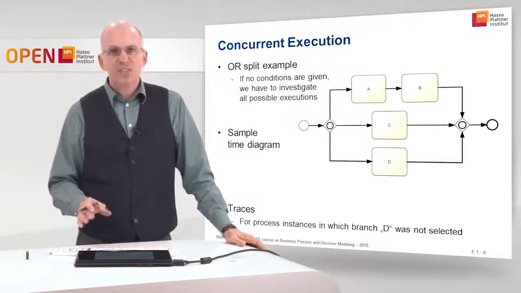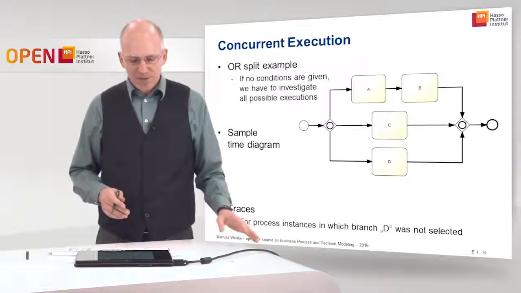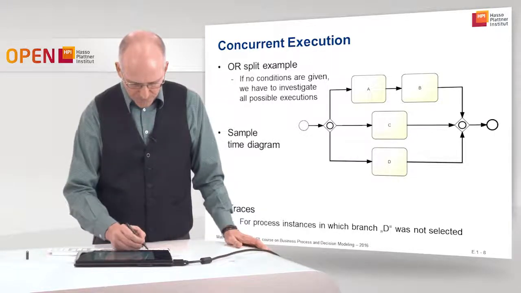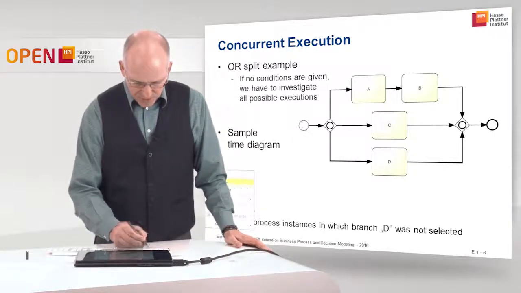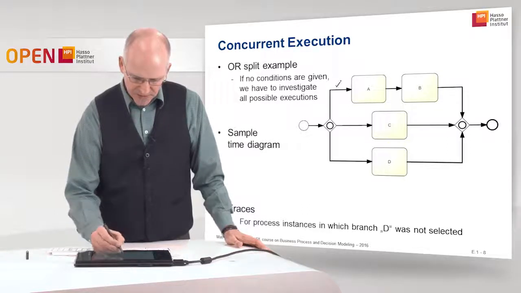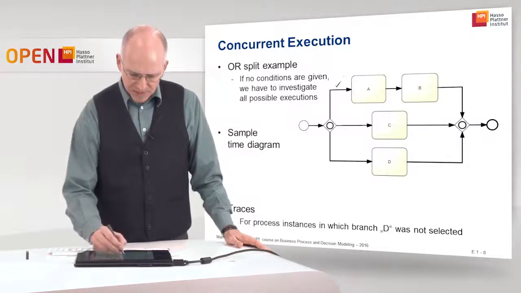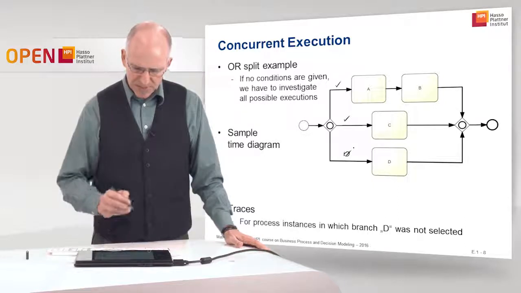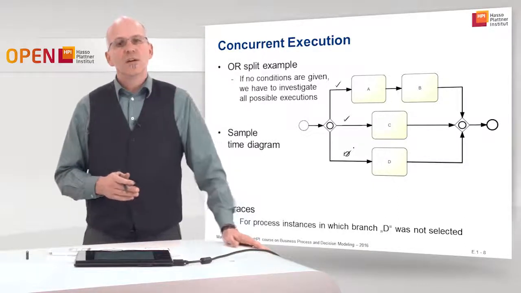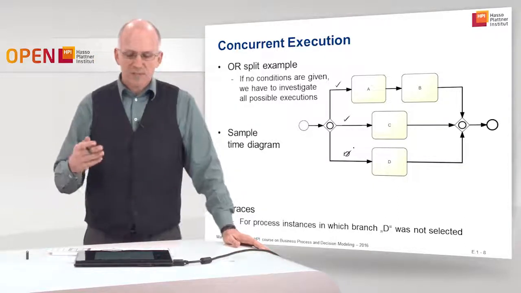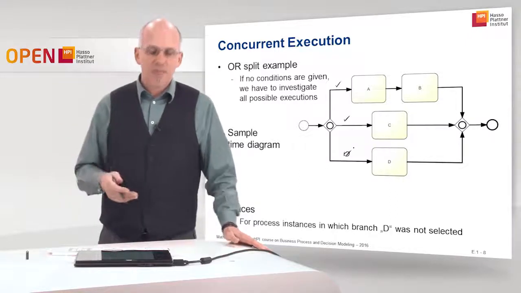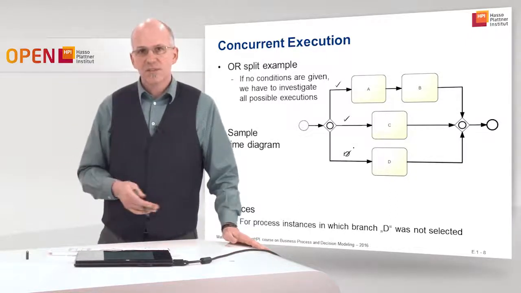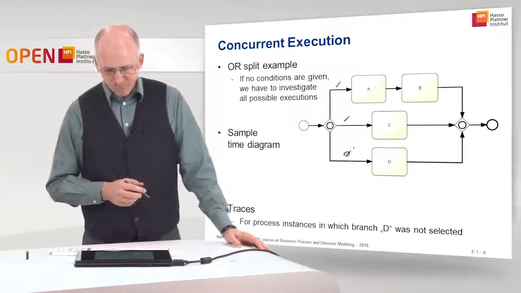Since we don't have too much space to discuss a time diagram and all the traces, I like to assume that here the first branch is taken, the second branch is taken, but that branch is not taken. That's a particular assumption here, but we can easily extend it also to a case where another subset of the branches is signaled.